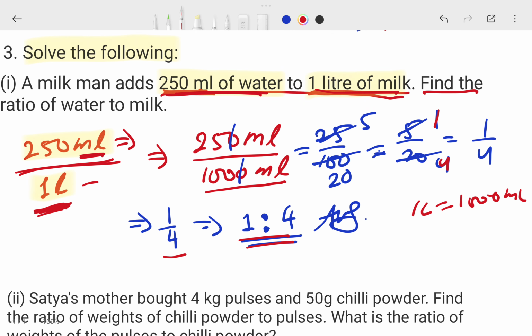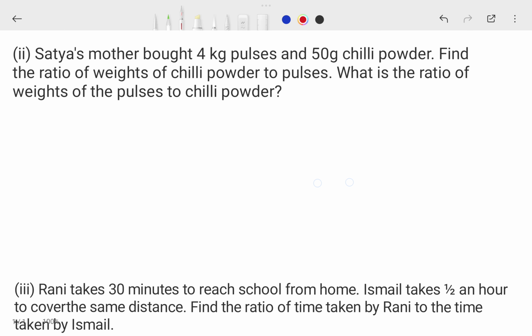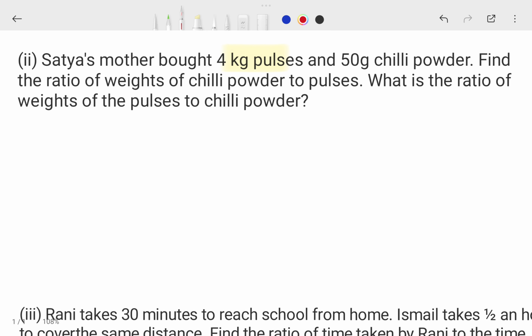Right, so now let's talk about this question. Let's understand. Satya's mother bought 4 kg of pulse. How many kg of pulse did she buy? She bought 4 kg of pulse.